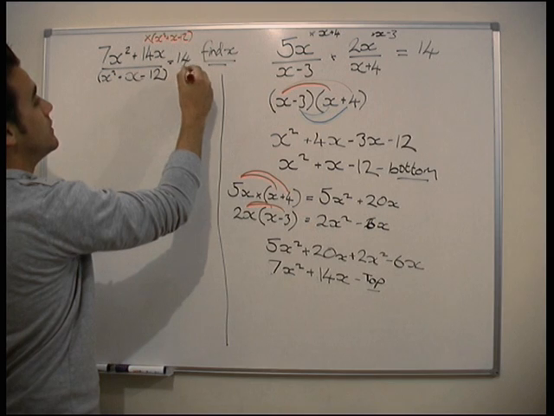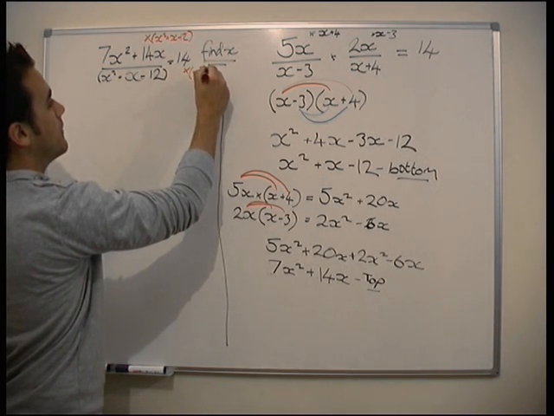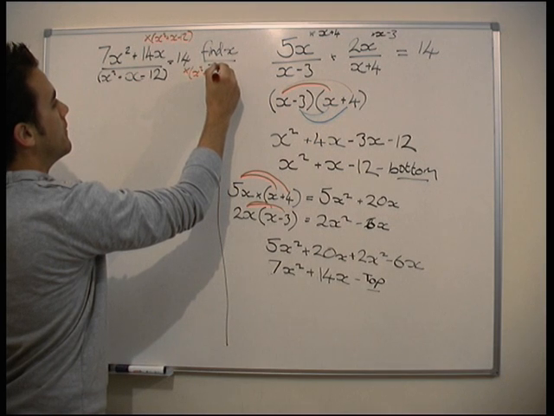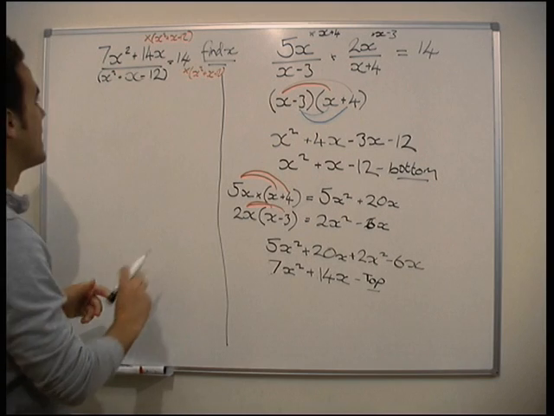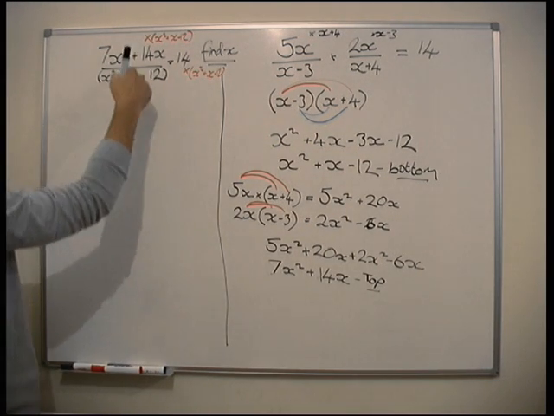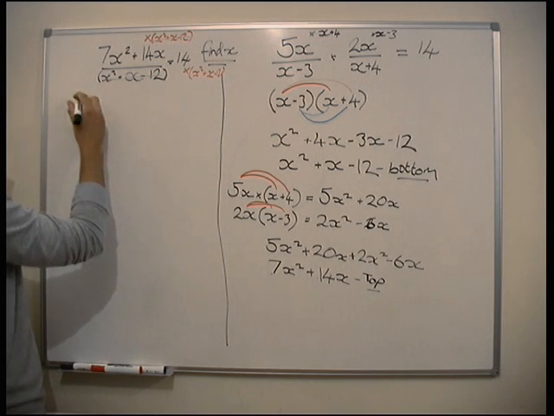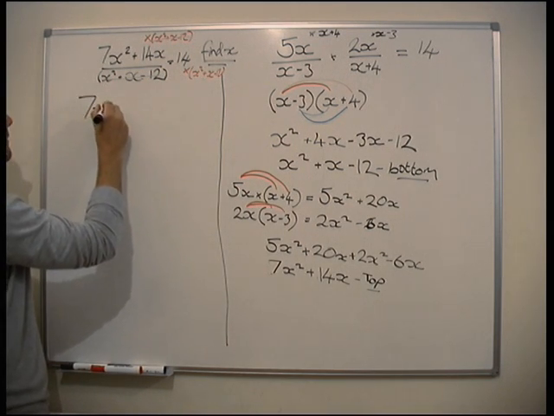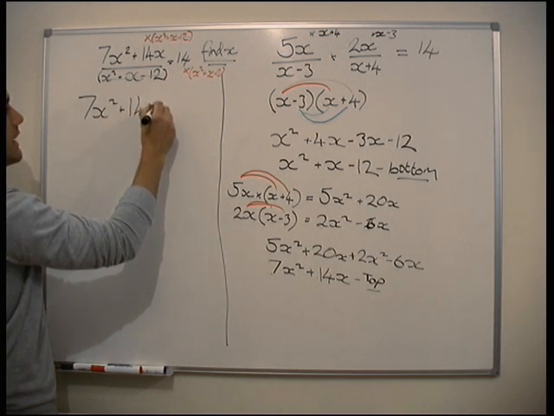We need to do that to both sides, so I need to do that to this side as well. If we do it to this side, it just cancels, so I'm going to end up with 7x squared plus 14x.